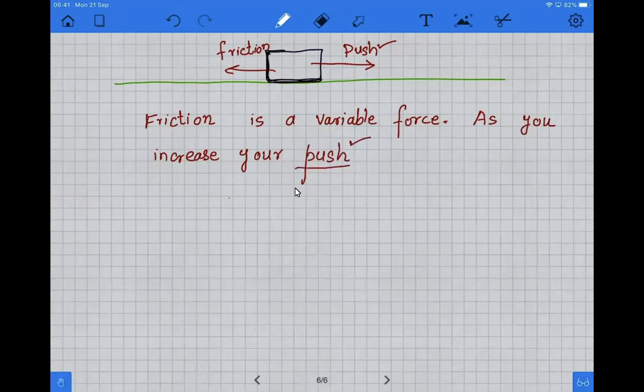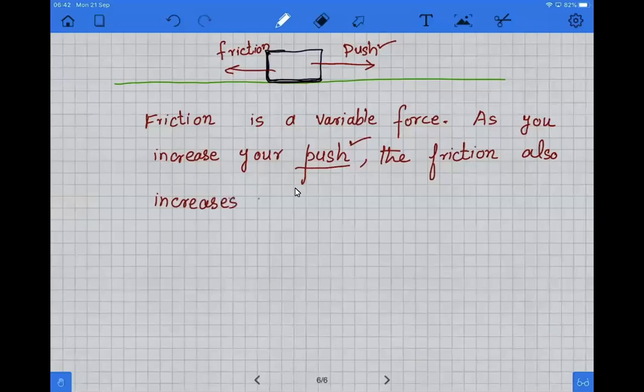As you increase your push or the forward force, the friction also increases until it reaches its maximum value, called limiting friction.